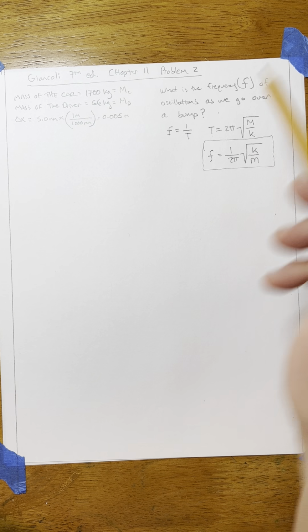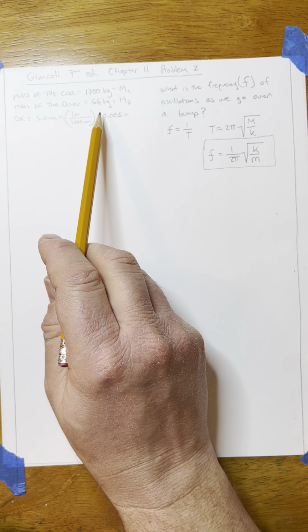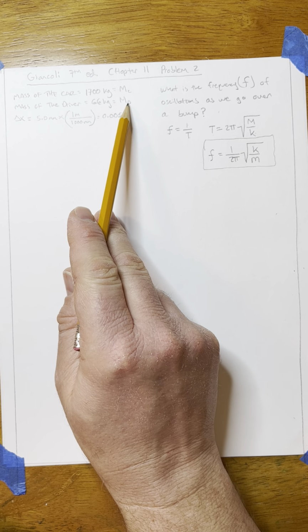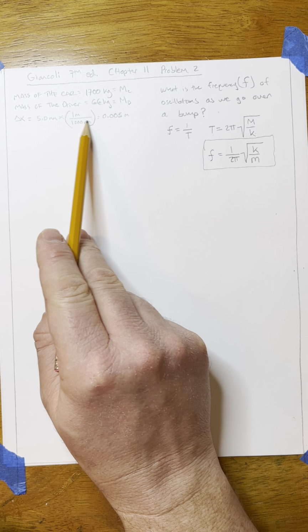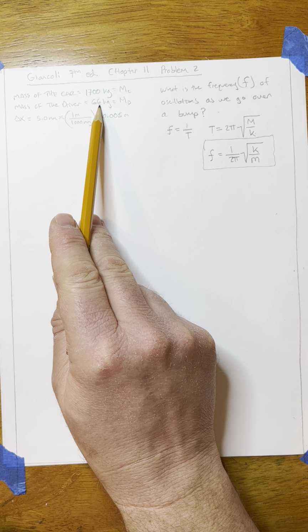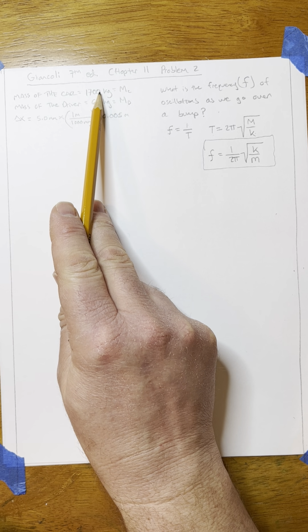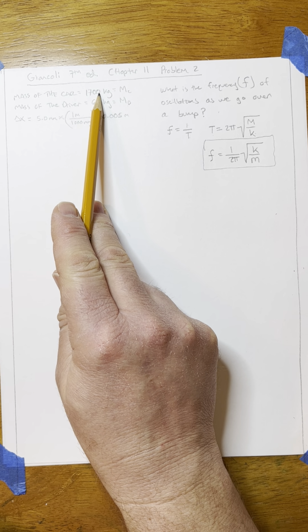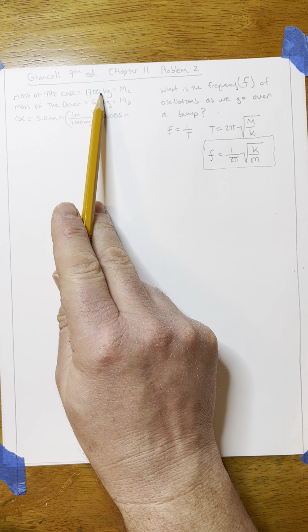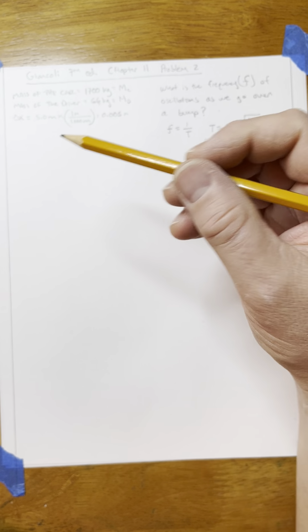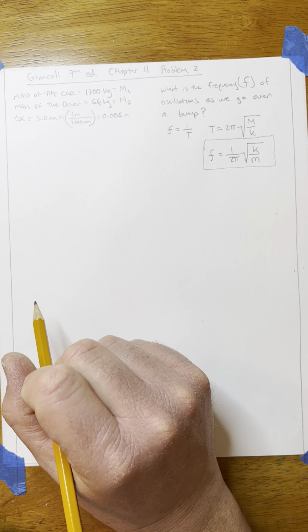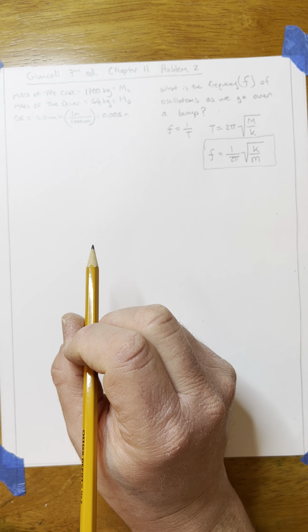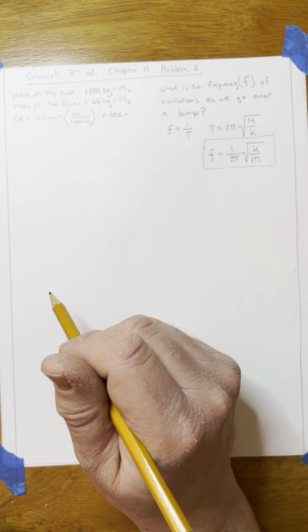Now, you can see we're missing some information over here. We have the mass of the car, we have the mass of the driver, and we have the displacement caused by the 66 kilogram driver when they get into the 1,700 kilogram car. Okay, the car starts at some equilibrium position and then moves down when you get in it. You've all experienced this when you step into a car or you see somebody step into a car.